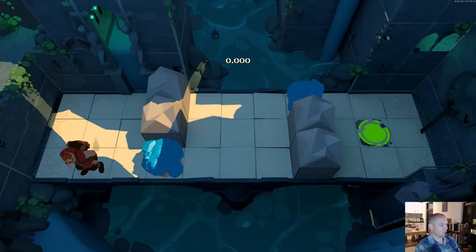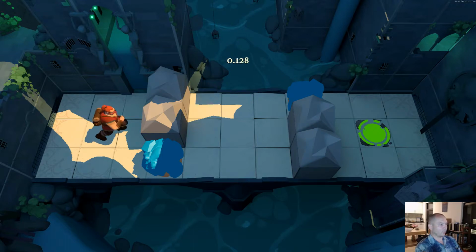Whoa. That's kind of crazy. Well, in this case, not interpolating between frames is, well, highly questionable. There may be some other bugs happening.